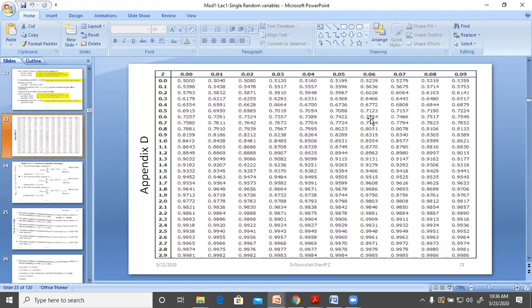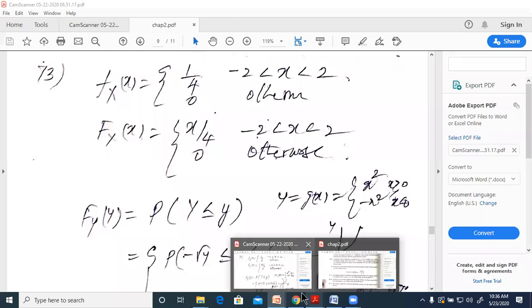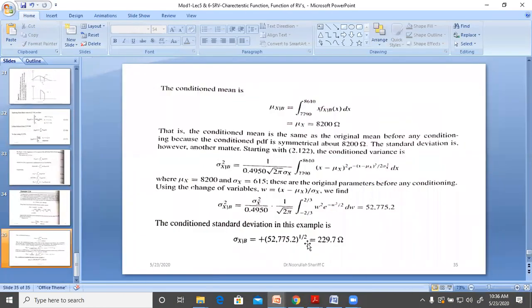So you can take that 0.7454 value, and on the other side take 1 minus 0.7454, and subtract that from 0.7454. You will get some quantity there, and that quantity has to be multiplied with whatever we have got here.